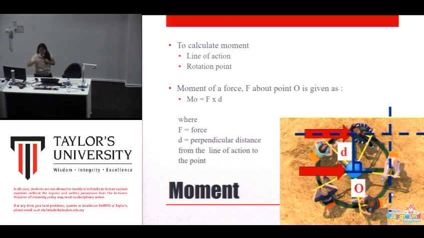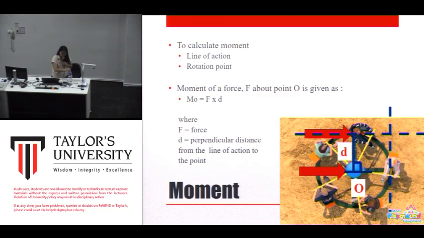That's why no moment is created, and the structure doesn't rotate. Moment is something to do with rotation. Same force, but applied at a different location, will create a different moment. So F1 and F3 will turn the merry-go-round. So does the vertical one.